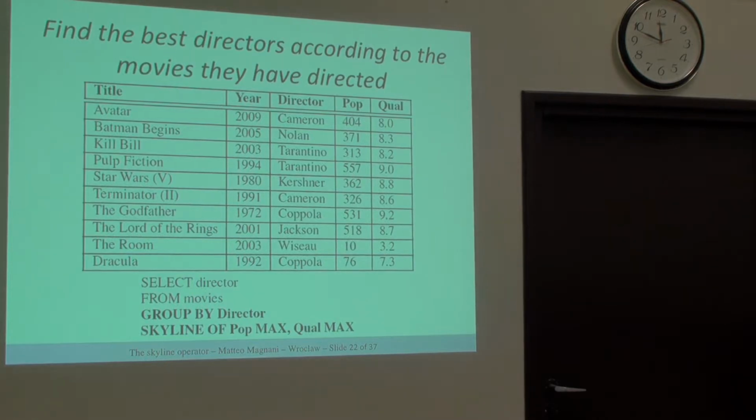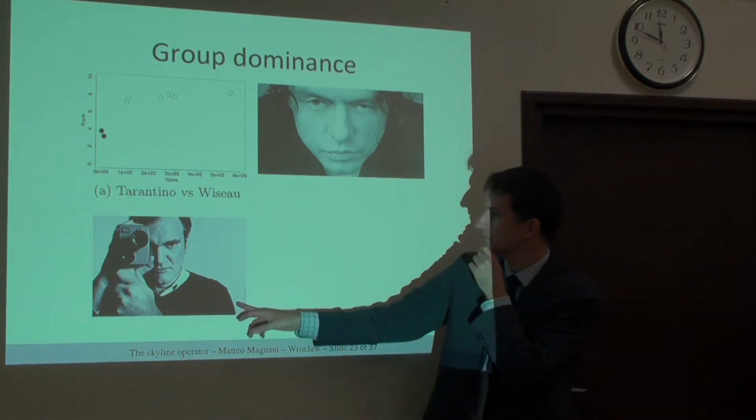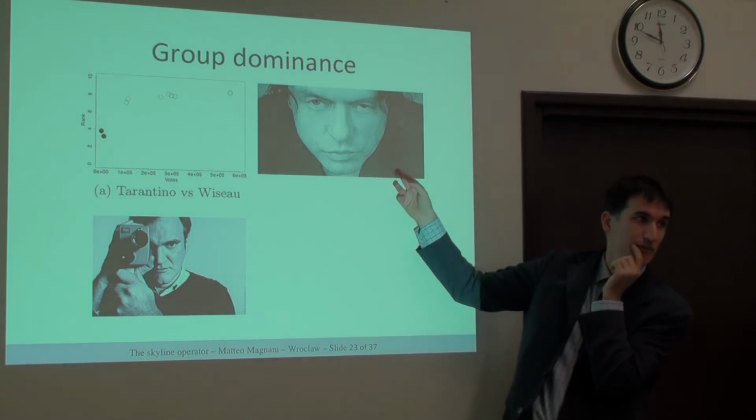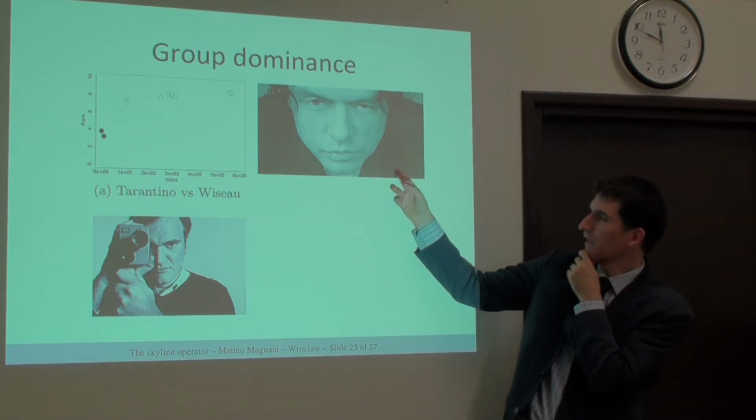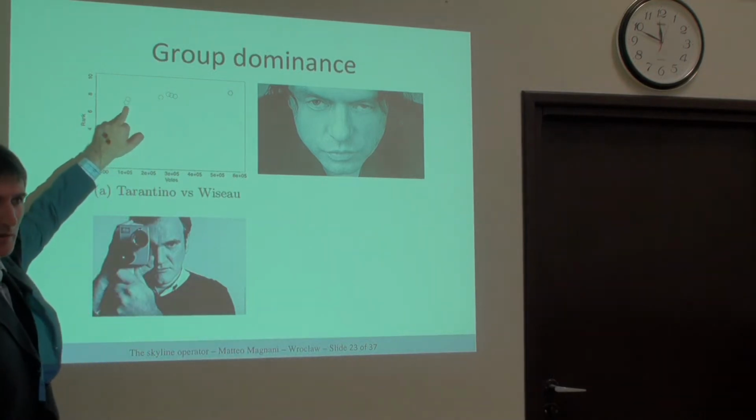So how can we do this? To understand what the problems are here, we can check some examples. So assume, for example, that you want to compare Tarantino and Wiseau. These white spots, can you see them from there?